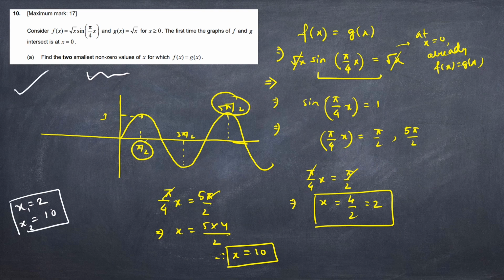Now we will move towards the next part of this question. So the set of all non-zero values that satisfy f(x) equals g(x) can be described as an arithmetic sequence u_n equals a plus bn, where n is greater than or equal to 1.